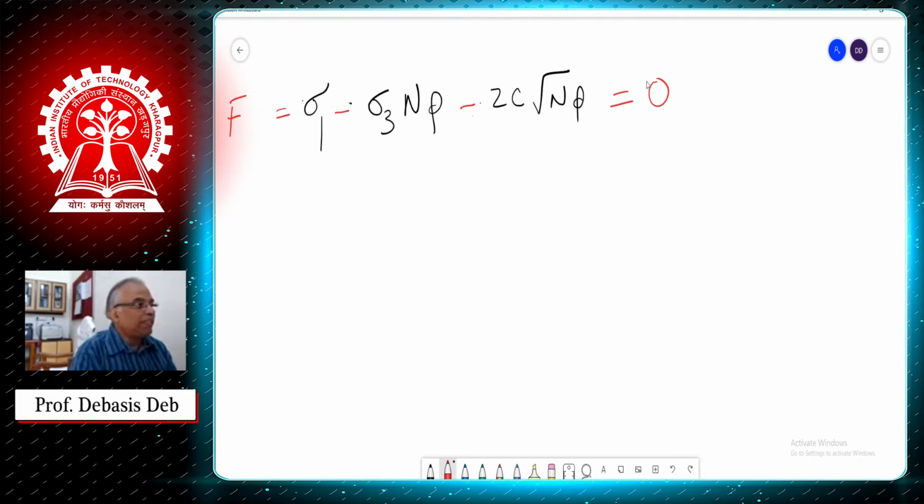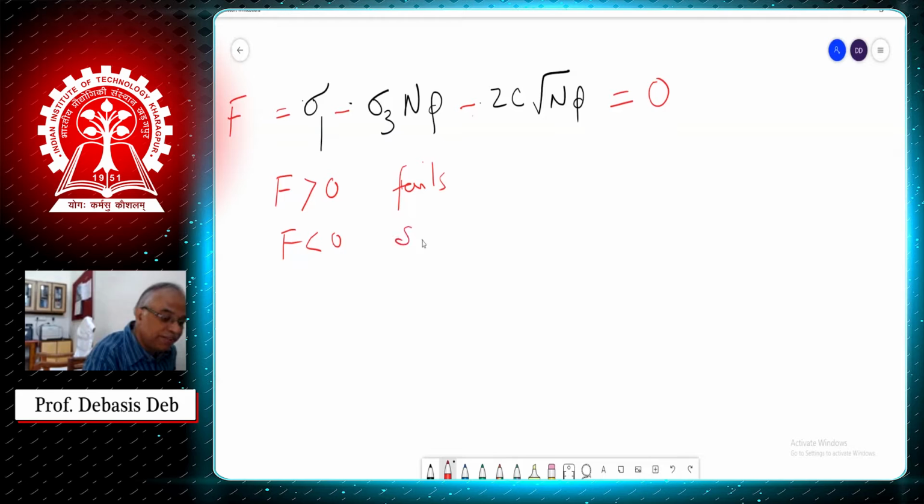So we normally say if f is greater than 0, it fails, and if f is less than 0, it is safe or elastic. Okay. Now this we have discussed over the last 2 classes.